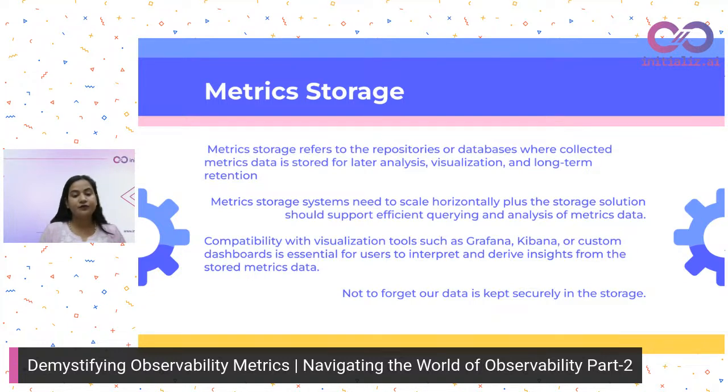The other variable in this calculation is metric storage. So metric storage refers to the repository or databases where collected metrics data is stored for later analysis, visualization, and long-term retention. So you see, these metrics are collected through metrics collectors, say tools.